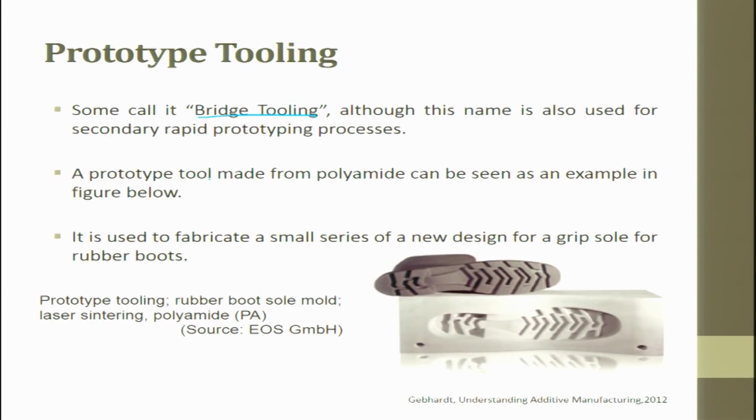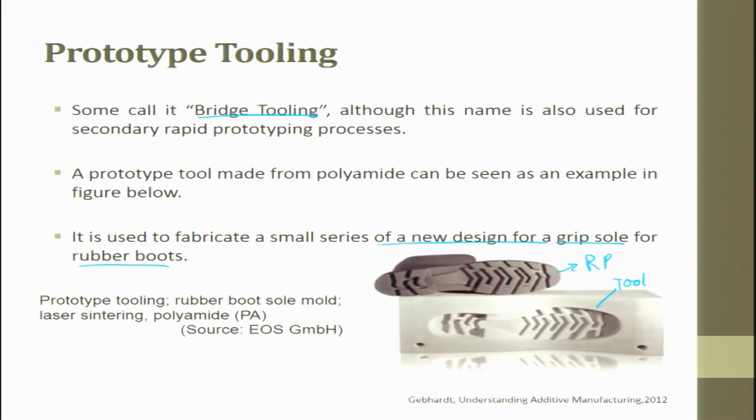A prototype tool made from polyamide can be seen as an example in the figure below. Okay. This is used to fabricate a small series of a new design for a grip sole for rubber boots. For example, this is the boot which they have made through rapid prototyping, and the rubber was heated and then you got the product out. So, this is the tool which is used.